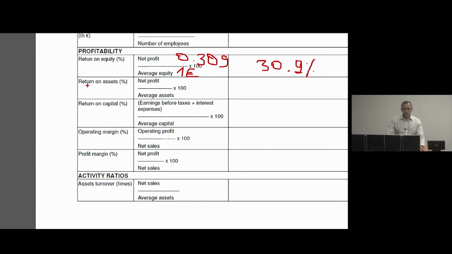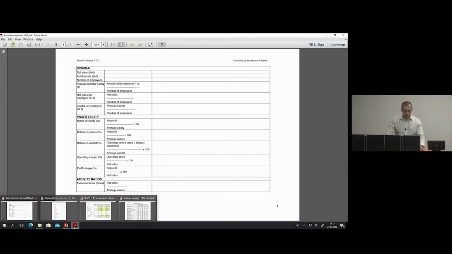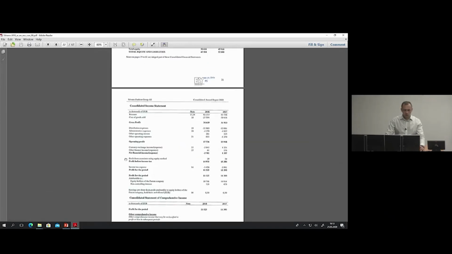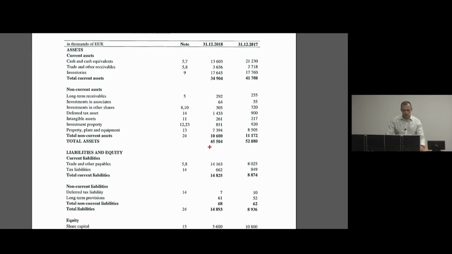The next ratio is return on assets, which has a very common abbreviation as well, ROA, and average assets we can find from the balance sheet. So that's the average of these two numbers.